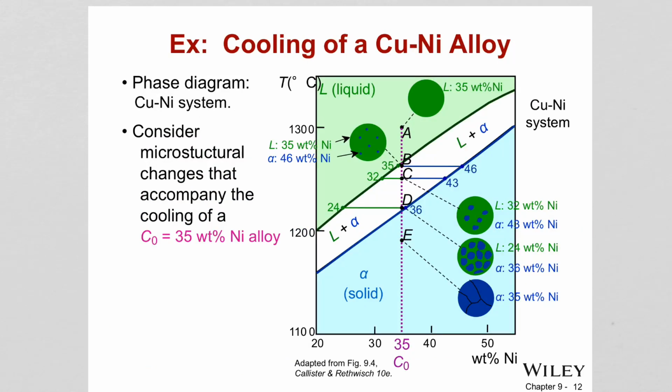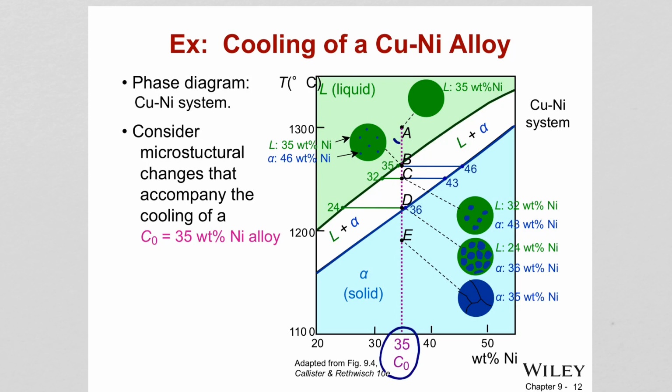Alright, so if we want to analyze the cooling of the alloy, which is at 35% nickel, we can look at how the microstructure changes, like under a microscope, as a function of temperature. Let's say at this composition we have an alloy.